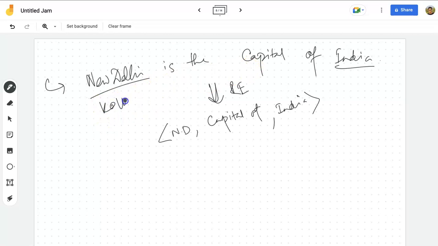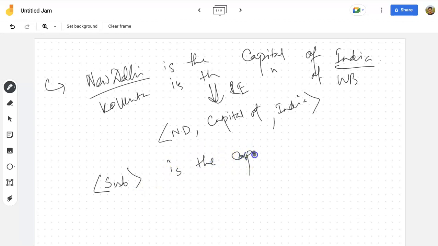Okay, so Kolkata has the same pattern. So what is the pattern? The subject is the capital of an object. So this is the pattern.